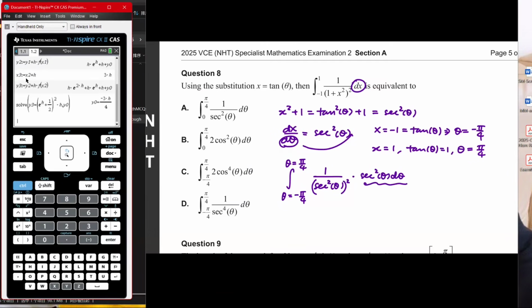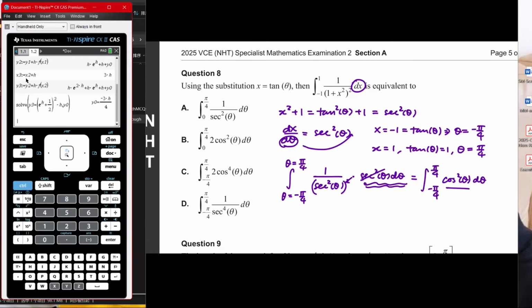So I'm replacing dx with this differential. And you can cancel out secant squared. So you actually get minus pi on 4 to pi on 4, and 1 over secant squared is cosine squared theta d theta.